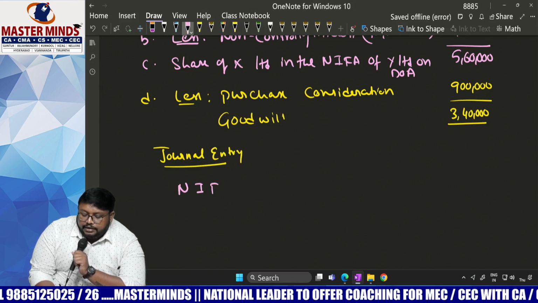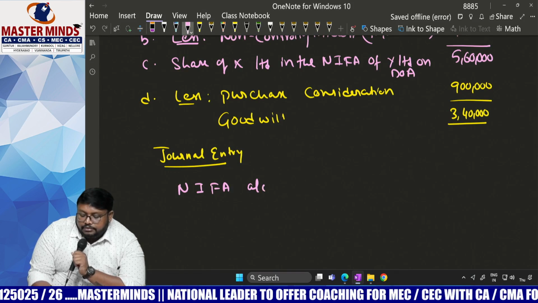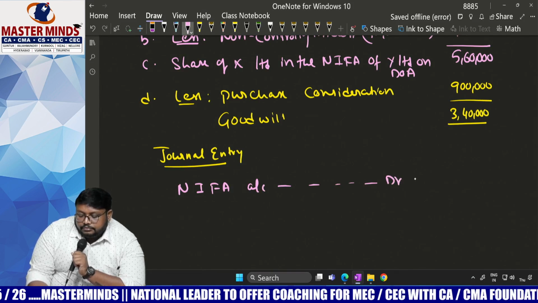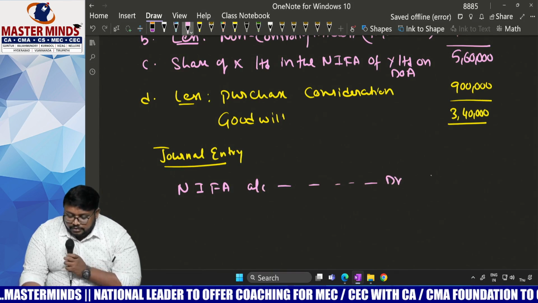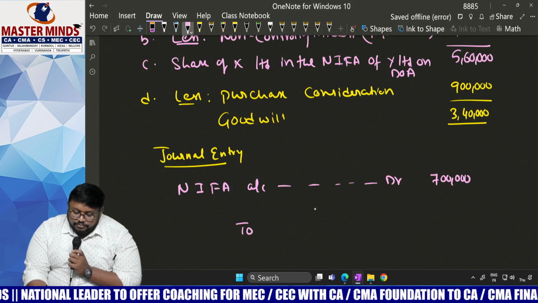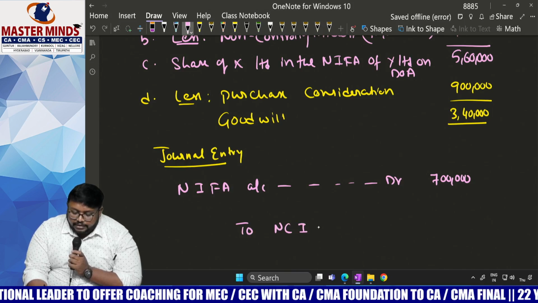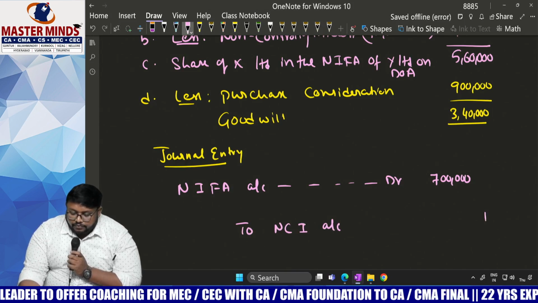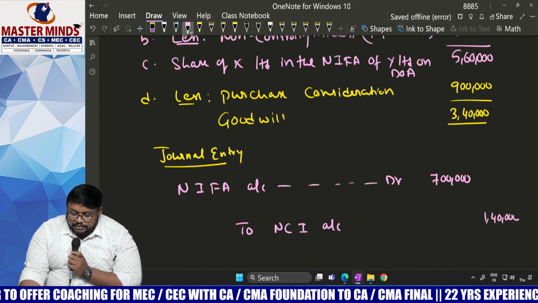Net identifiable assets account debit, 7 lakhs, to non-controlling interest account 1,40,000.